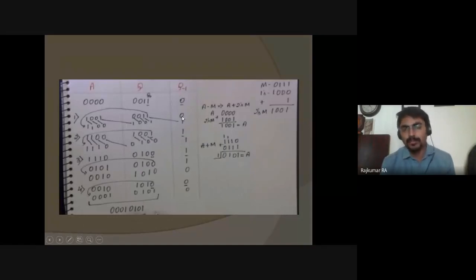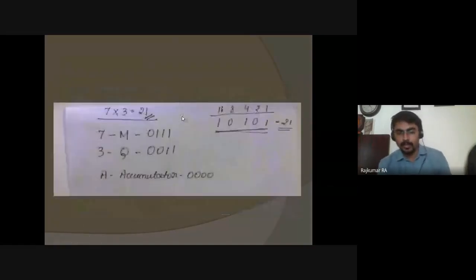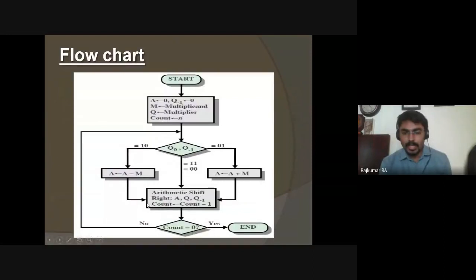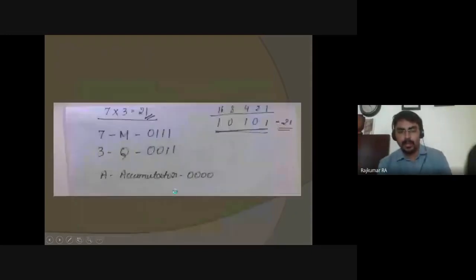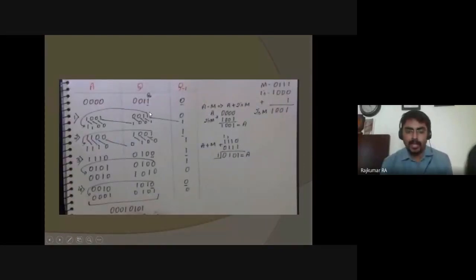After that, as per the algorithm, we have to do the arithmetic shift. After you perform A is equal to A minus m, you have to shift arithmetic on the right side. So now you just perform the arithmetic shift to the right.